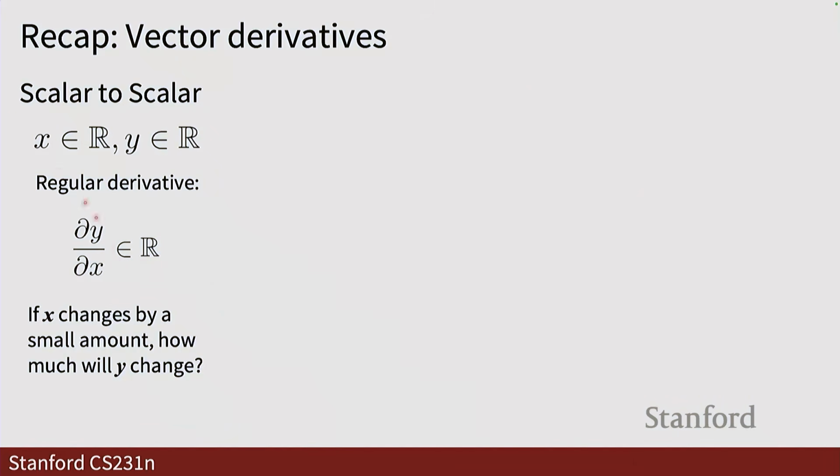We talked about this, that with the scalar to scalar setting, so far what we've talked about for any input x and y being scalars, the derivative will also be a scalar, which means if we change x by a small amount, how much the value of y will change.